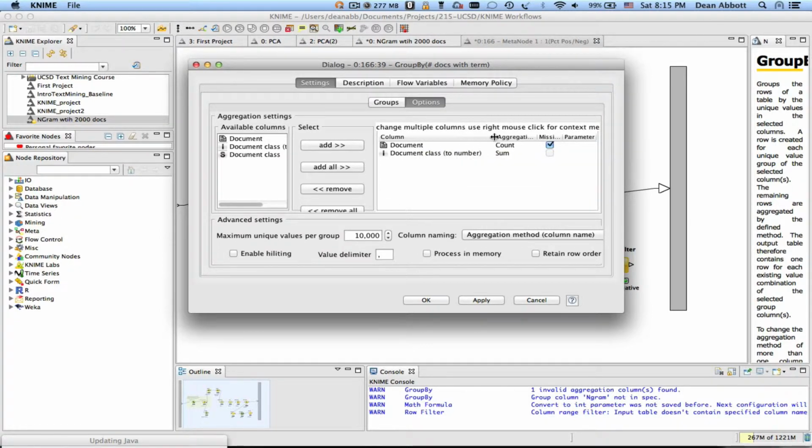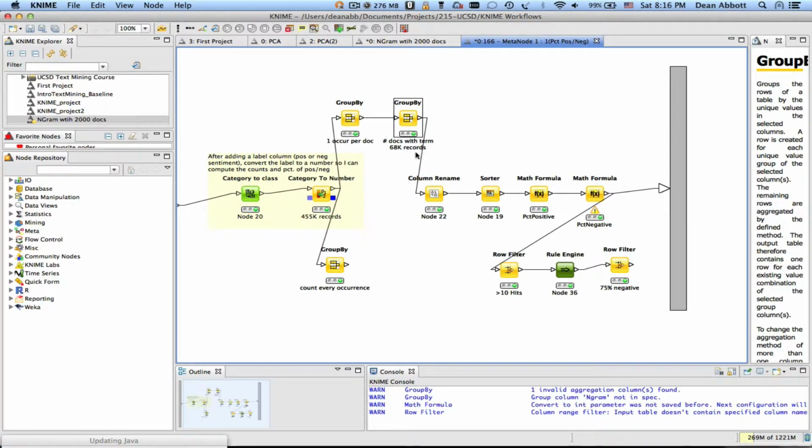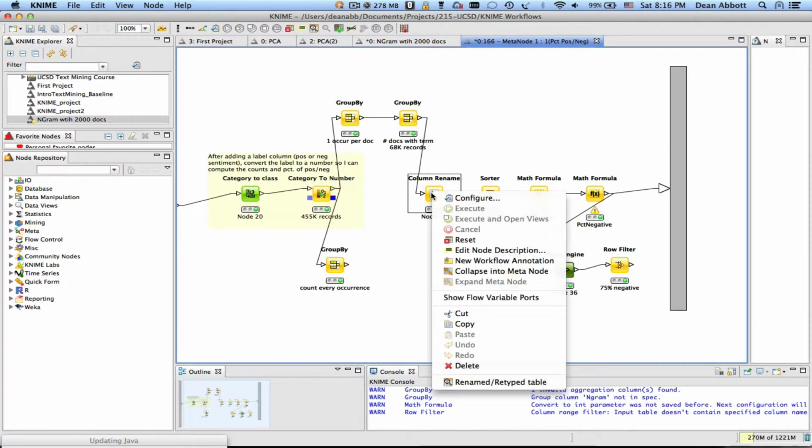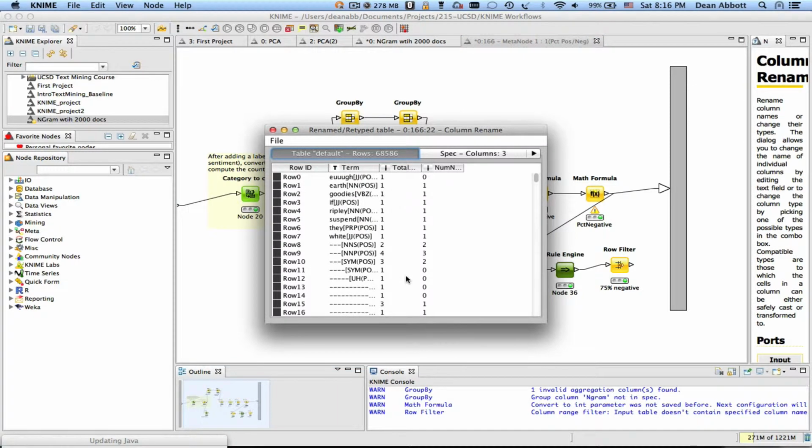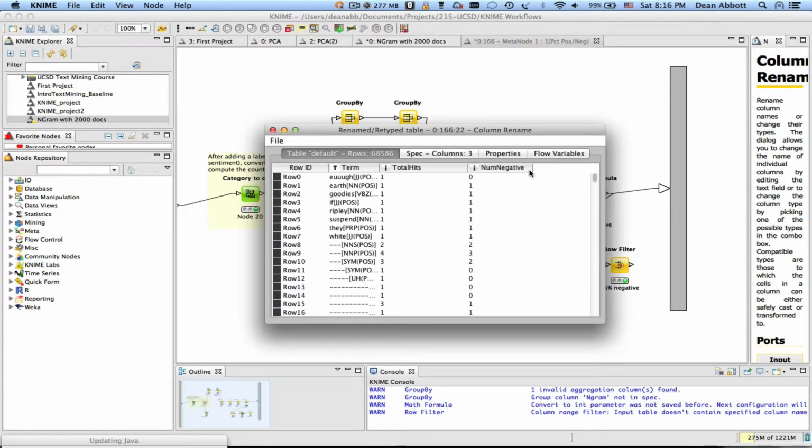And the second column is the document class. I'm summing it up. So for negative sentiment, this is just counting how many negative sentiment occurrences there are in the corpus of documents. After I run through all of this, and after I rename these columns, the count to total hits and the sum to num negative, you'll just see how many negative and positive sentiment values there are per term.